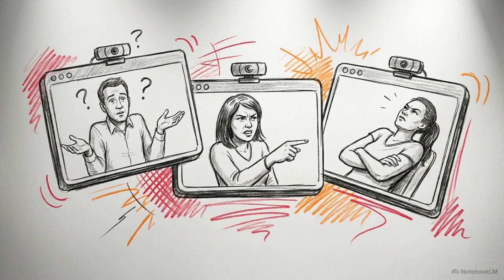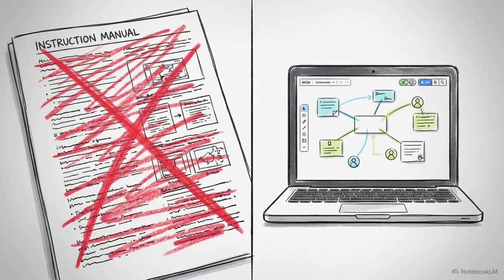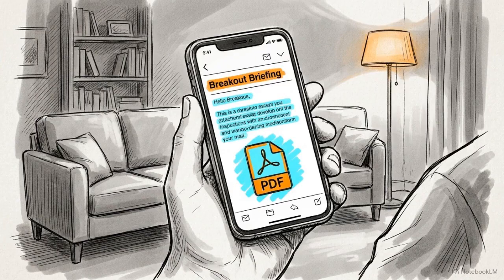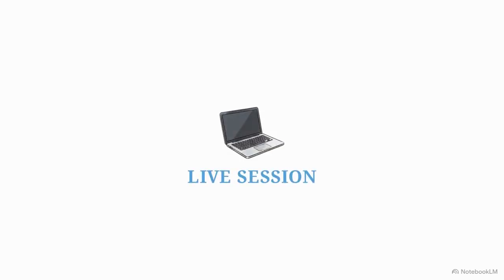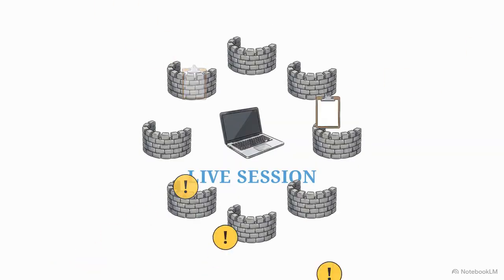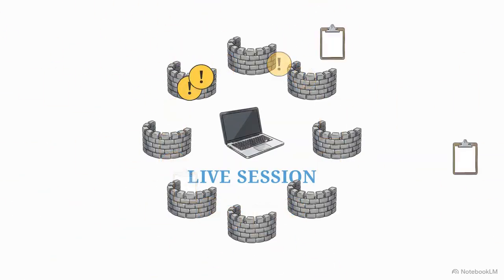The structural fix is simple. Strip all administrative explanation completely out of the live session. Email the instruction files and reference URLs to group leaders asynchronously, well before the live session even begins. Let them review the parameters on their own time. Real-time digital bandwidth is the single most valuable resource in online learning. It must be aggressively protected from administrative friction.